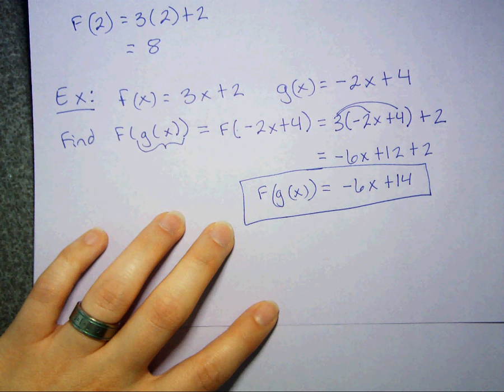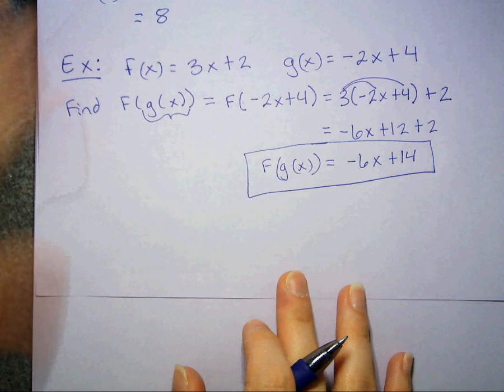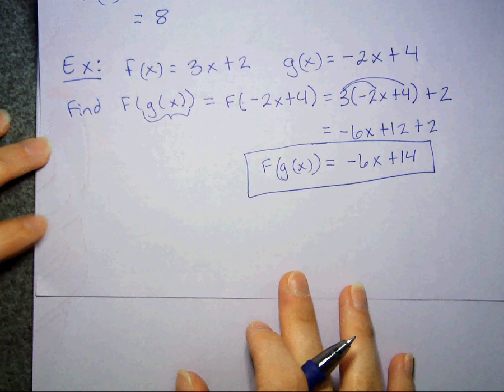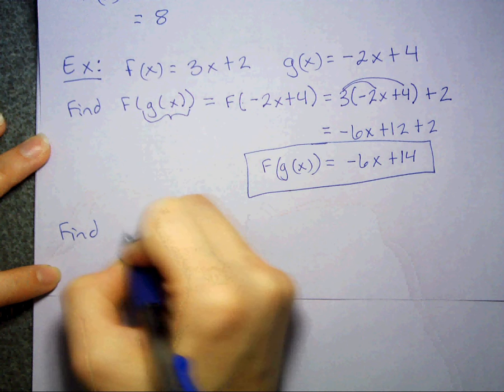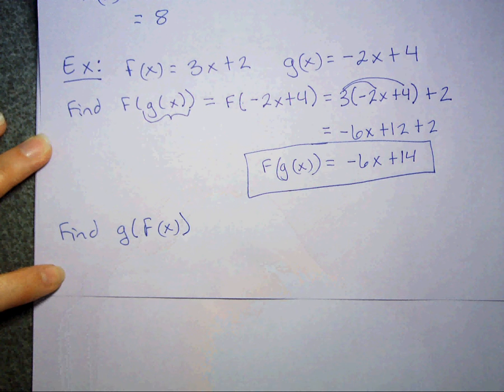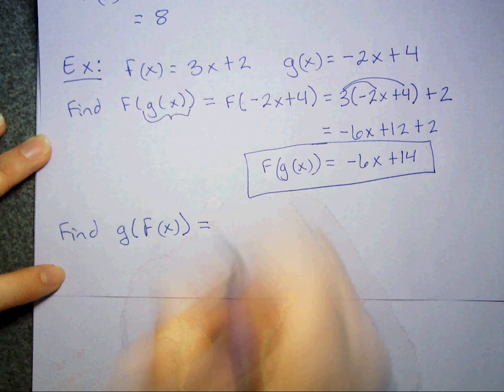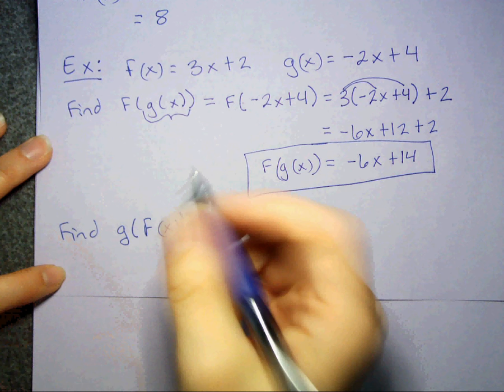And now I can do that the opposite direction too. I don't just have to do f of g. So let's look at g of f of x. Now it's essentially the same thing, but now I'm going to do it backwards. Inside of g, I'm plugging f into it.